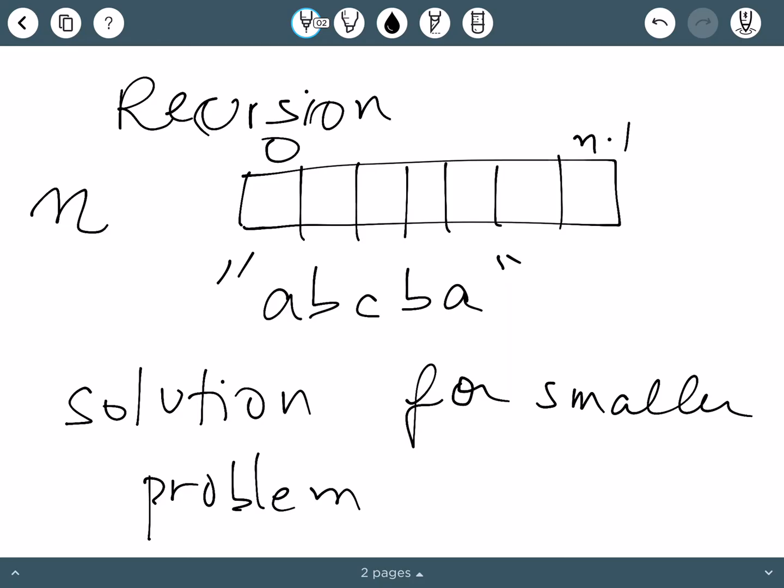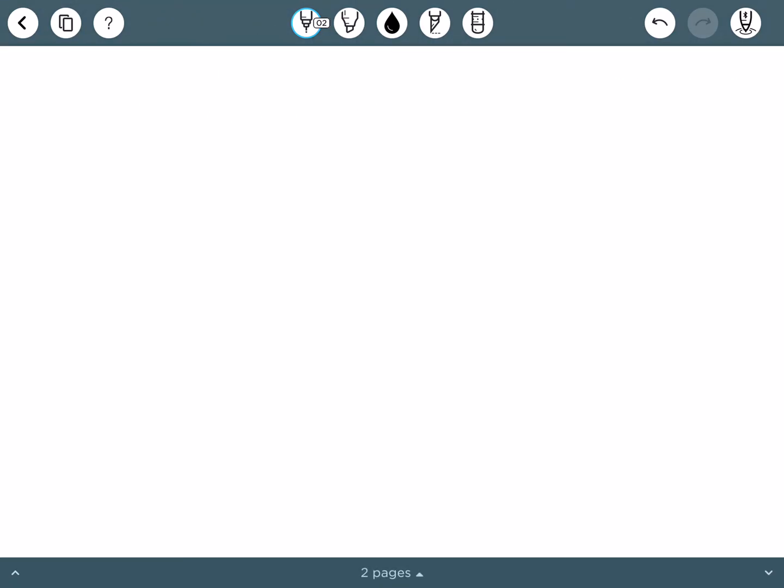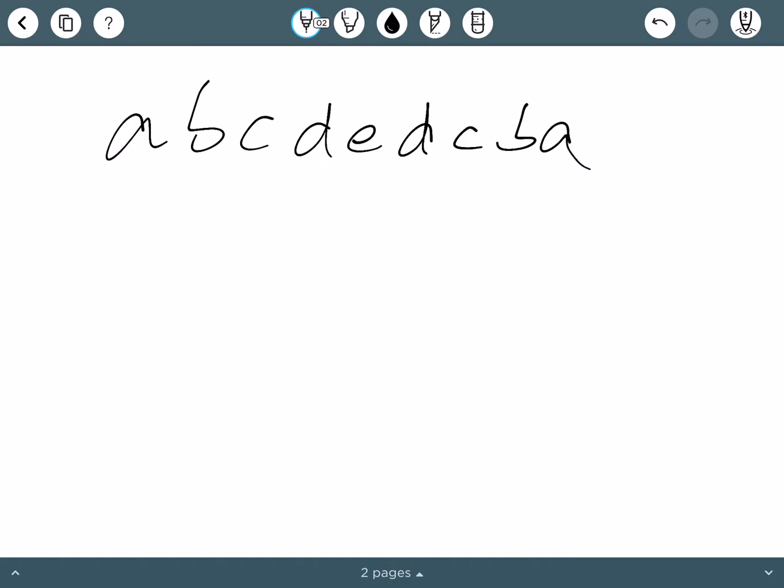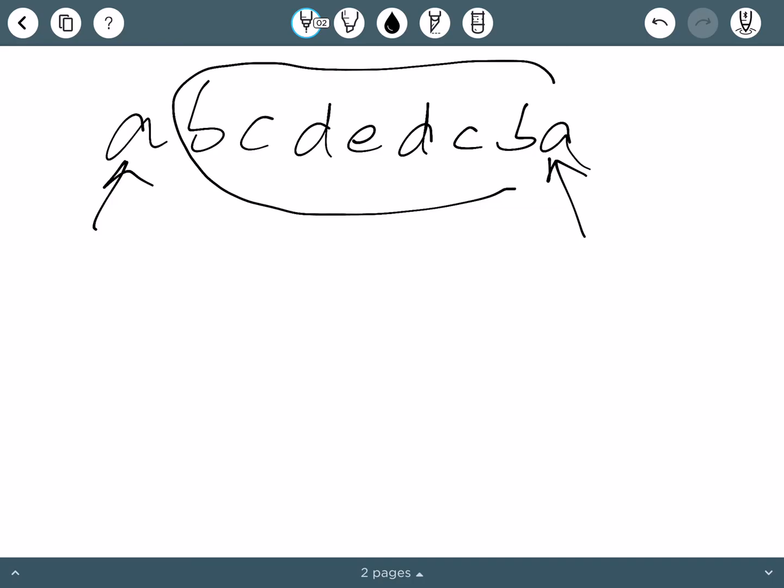Let's think about it. Palindromes go like this, and the size of the problem here is 9. What do I do? Well, I know how to look at the extremes. If the extremes are the same, it will be a palindrome if the whole thing inside is also a palindrome. So that's the smaller problem.